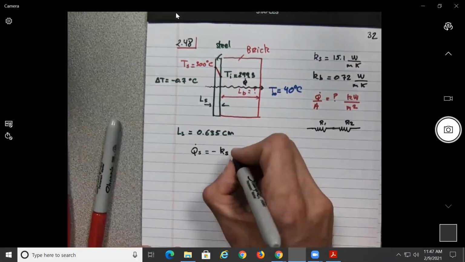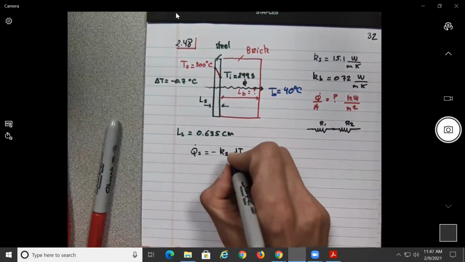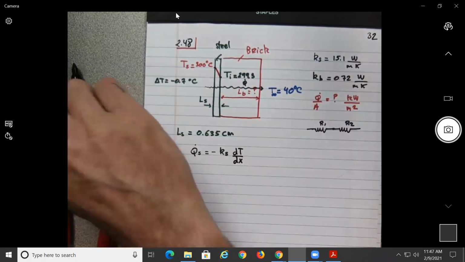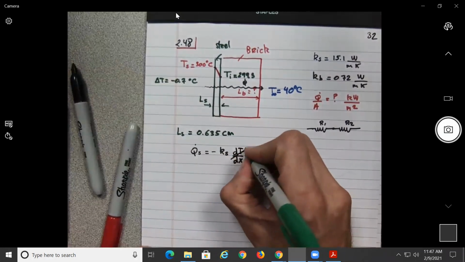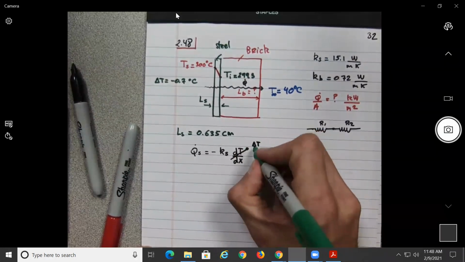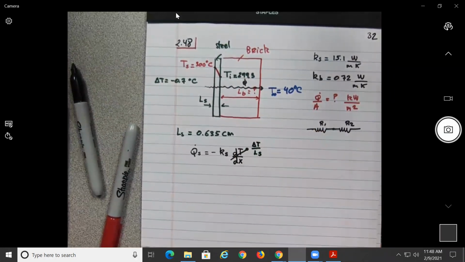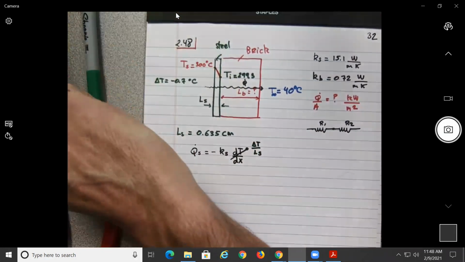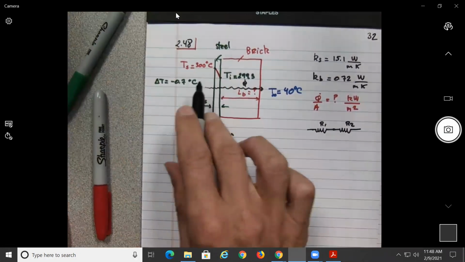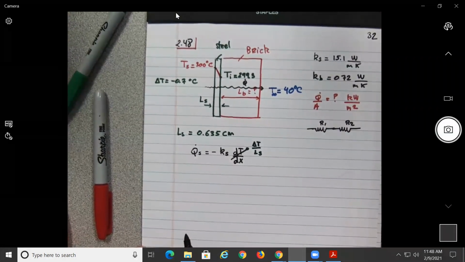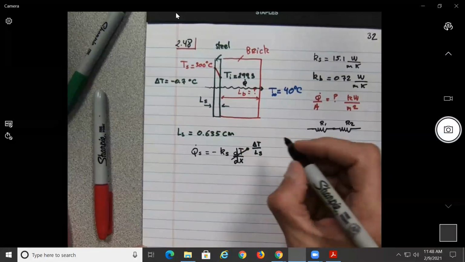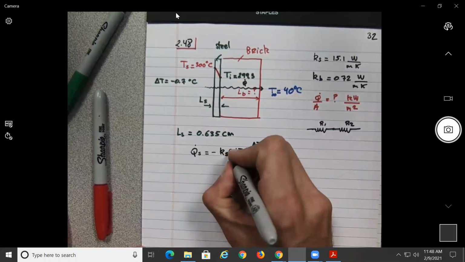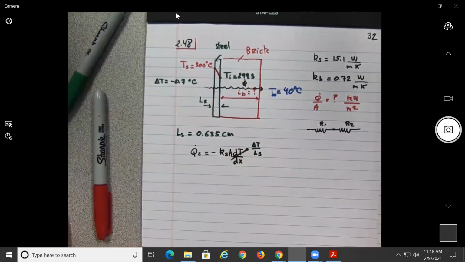The general expression is dT/dx. In our case, what should this dT/dx be? It should be delta T over L sub S. So this would be the amount of heat going through the steel. And I forgot the A here, but you can put it at the end if you want. A.